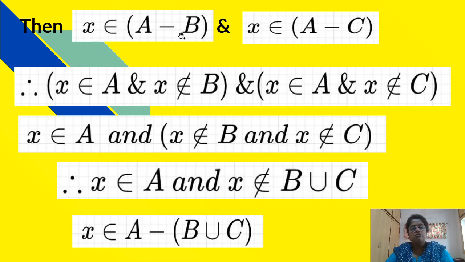Means X belongs to A minus B and X belongs to A minus C. Therefore, X belongs to A and X does not belong to B. And X belongs to A and X does not belong to C. This sentence can be written as X belongs to A, which is common in both brackets so we will write it outside, and here X does not belong to B and X does not belong to C. Means X belongs to A and, for this bracket, we can write X does not belong to B union C. Means X belongs to A minus (B union C).